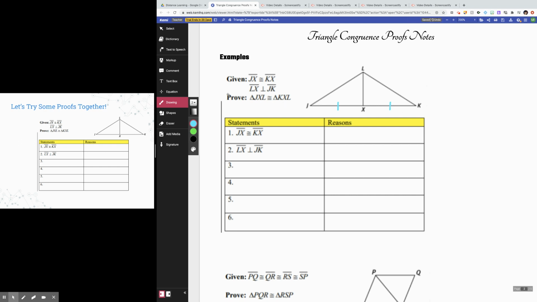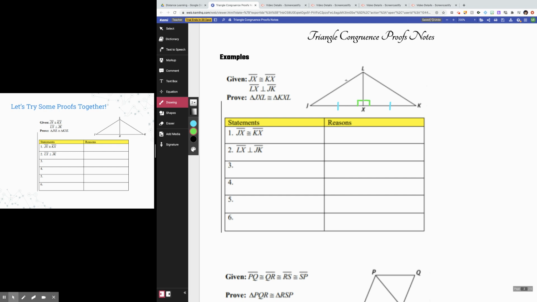Okay, and then they told me LX is perpendicular to JK. So I know that this line here and this line here are perpendicular. What that means, okay, the next step from that is that you have these two right angles right here.